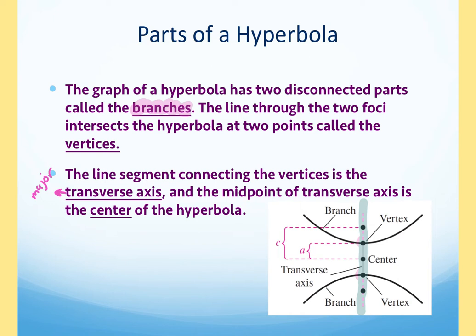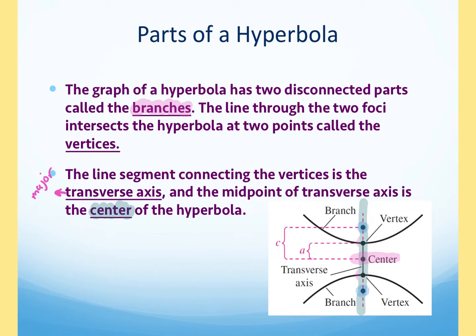The midpoint of the transverse axis is called the center of the hyperbola. So we still just have a center there in the middle. The distance from the center to the vertex is the same in both directions. Inside your branches is your focus.